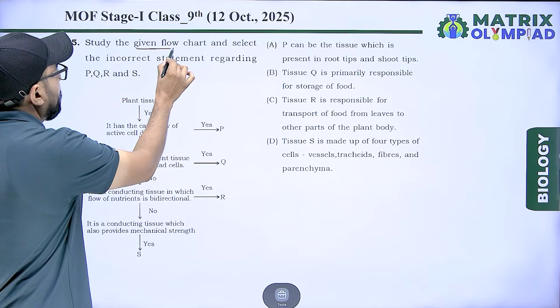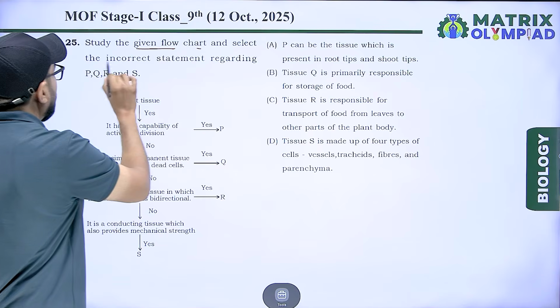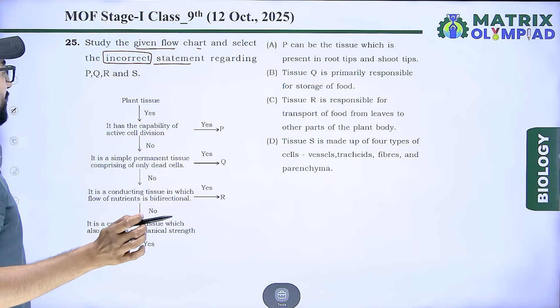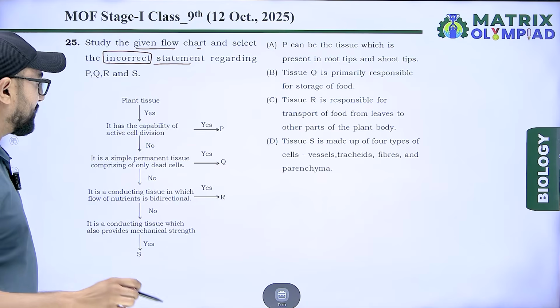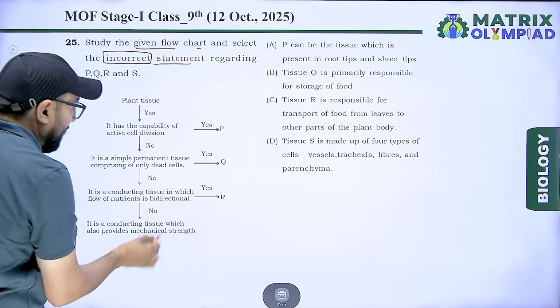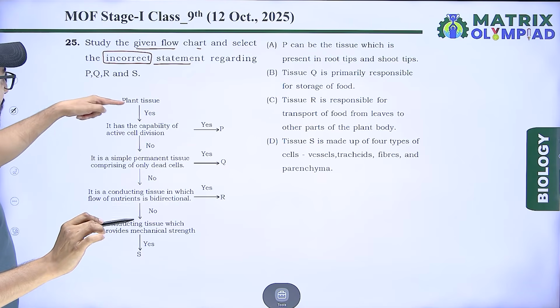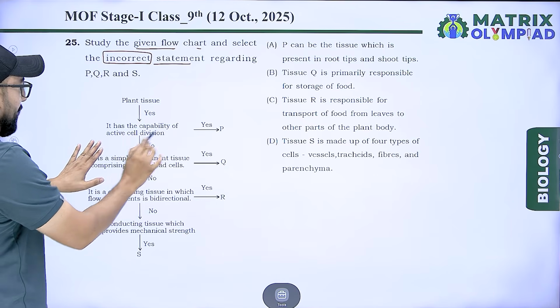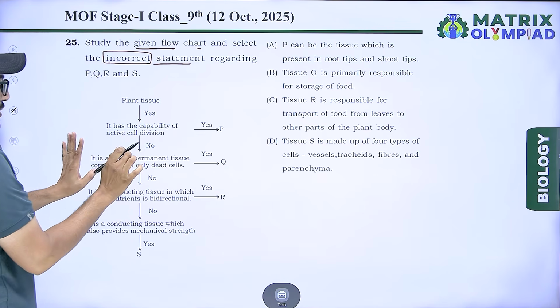Study the given flow chart and select the incorrect statement regarding PQRS. Plant tissue: does it have the capability of active cell division?